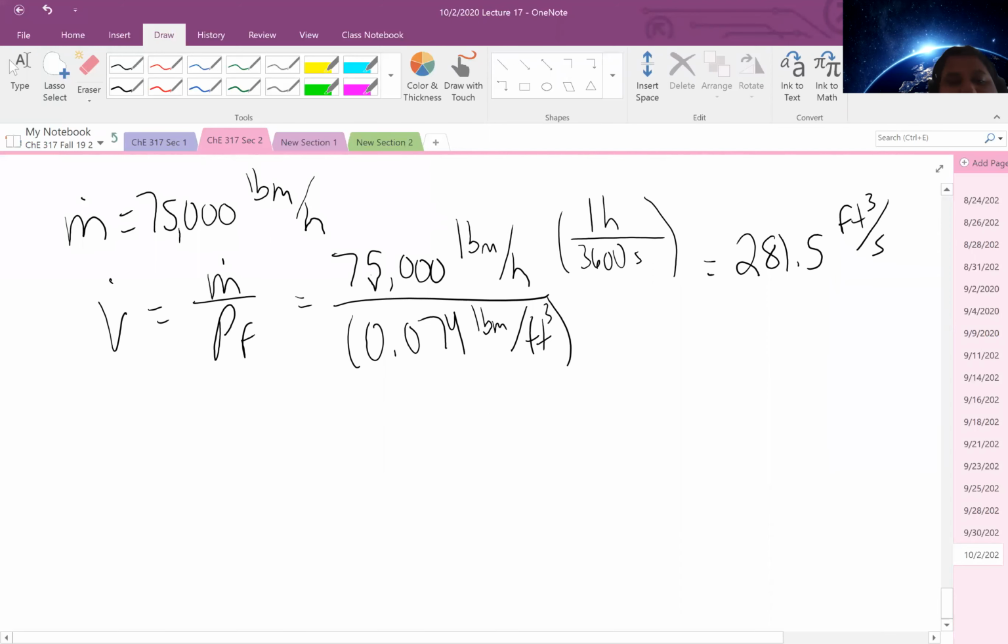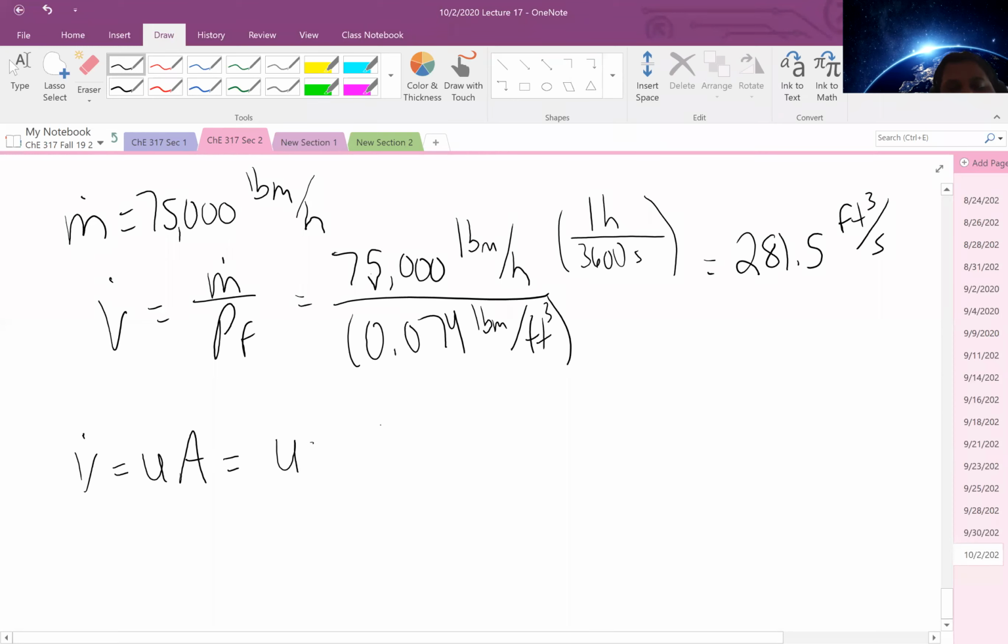Then, knowing my volumetric flow rate, I can say my volumetric flow rate is my velocity times my area, which is my velocity times pi times our diameter squared over 4. If I want to solve for my diameter, I need the square root of 4 times my volumetric flow rate divided by pi times my mean velocity.